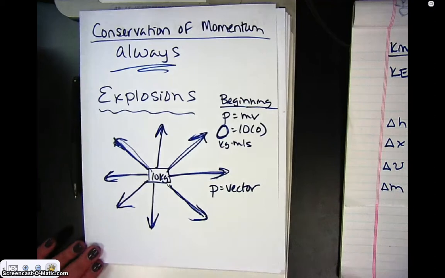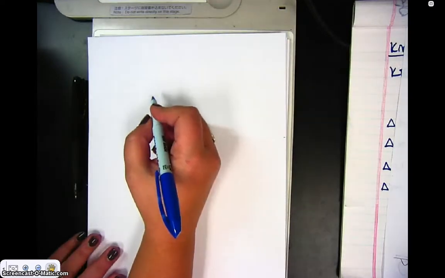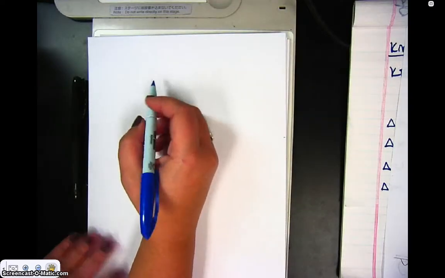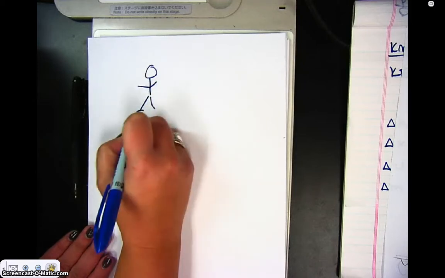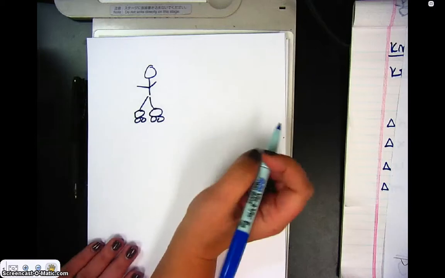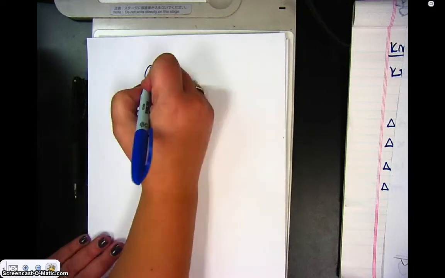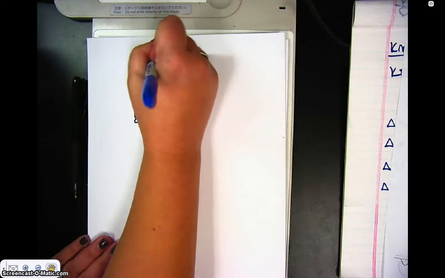Let me give you an example where we can actually quantify it that's a little bit simpler. Let's say we have two people standing on roller skates. I'll just roughly draw this. Here's the roller skates, and we'll say that this person is 40 kilograms.